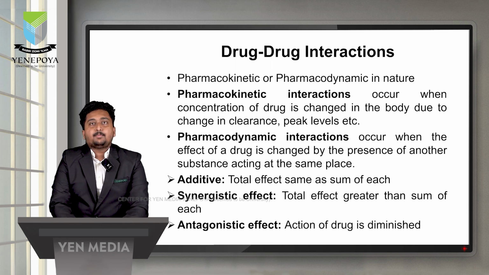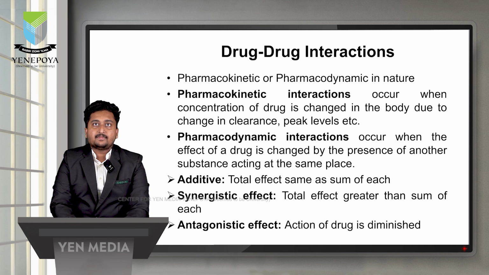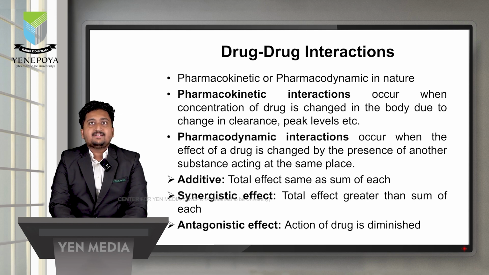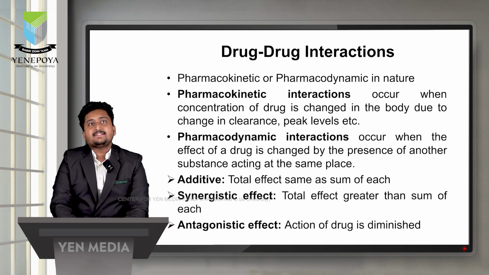So, coming on to the important point, that is drug-drug interactions, which is one of the major types of drug interactions. Generally, on a broader note, it is either pharmacokinetic or pharmacodynamic in nature. Pharmacokinetic interactions occur when the concentration of a drug is changed in the body due to change in clearance, peak levels, etc. By the meaning of pharmacokinetics, we understand how the body responds to the drug.